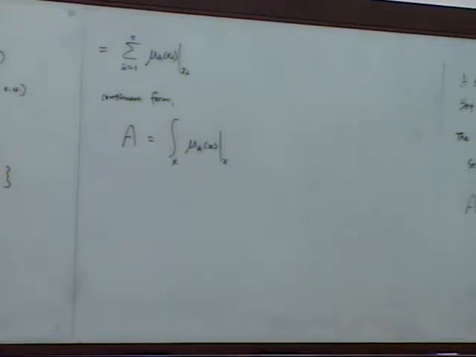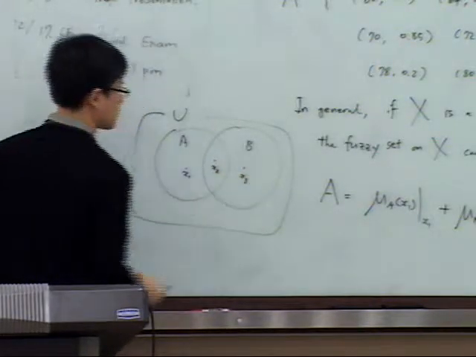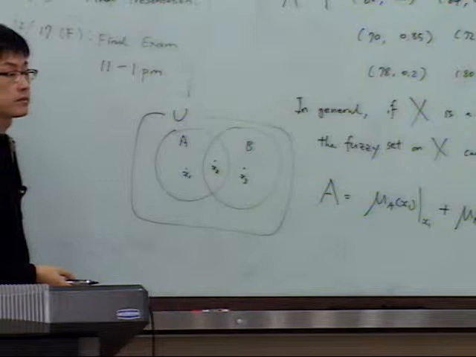Okay? The reason why we are doing this is like this. Think there is a universe and we have a fuzzy set A, fuzzy set B, okay? First, and every point, for example, let's say this is x1, this is x2, x3, okay?